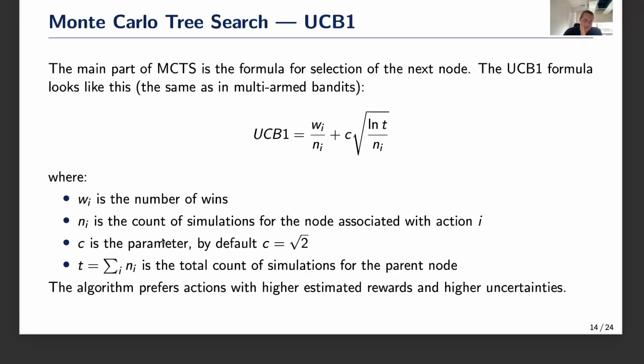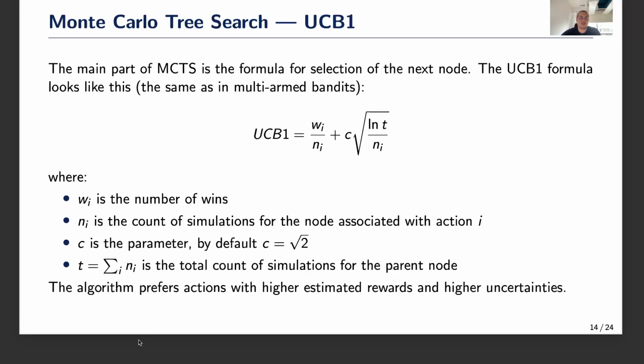UCB1 formula. It stands for upper confidence bound, and it comes from the theory of multi-armed bandits. It's a classical exploration problem. Here's the formula.